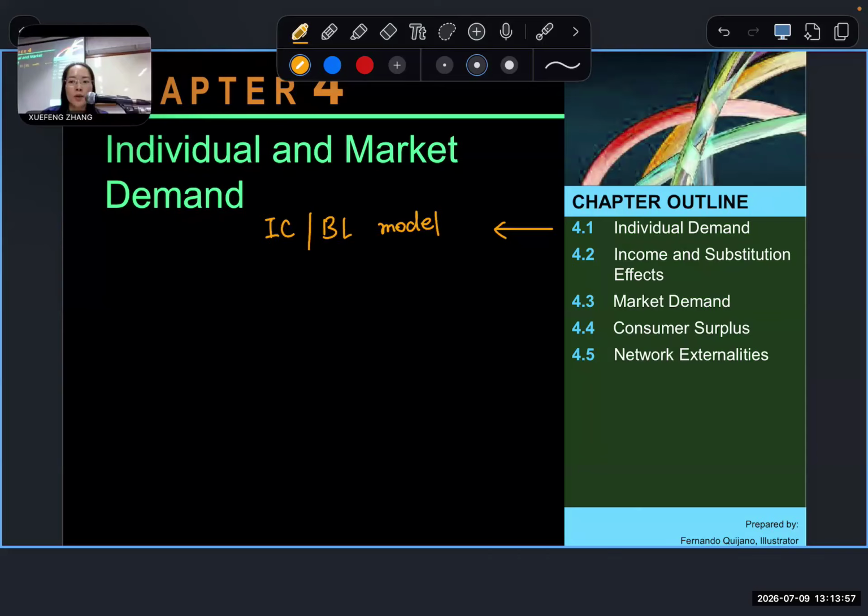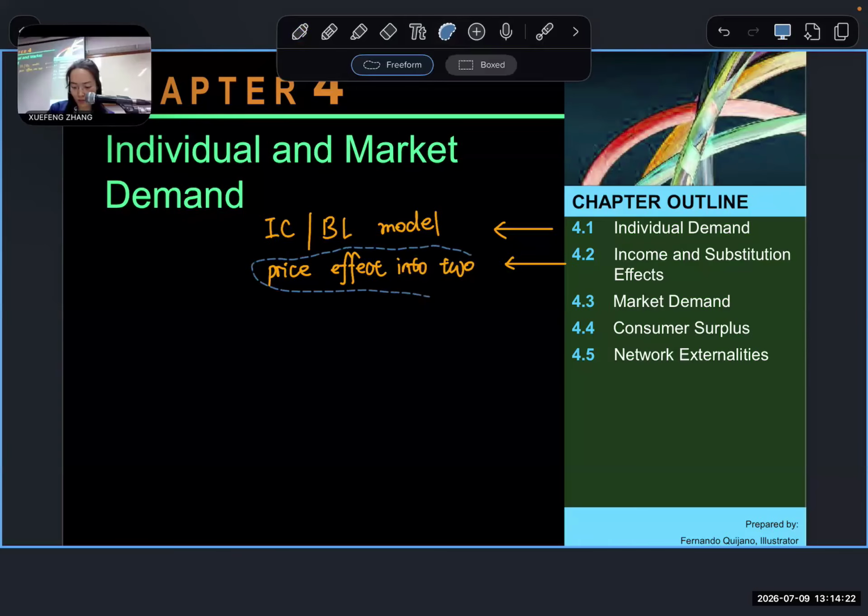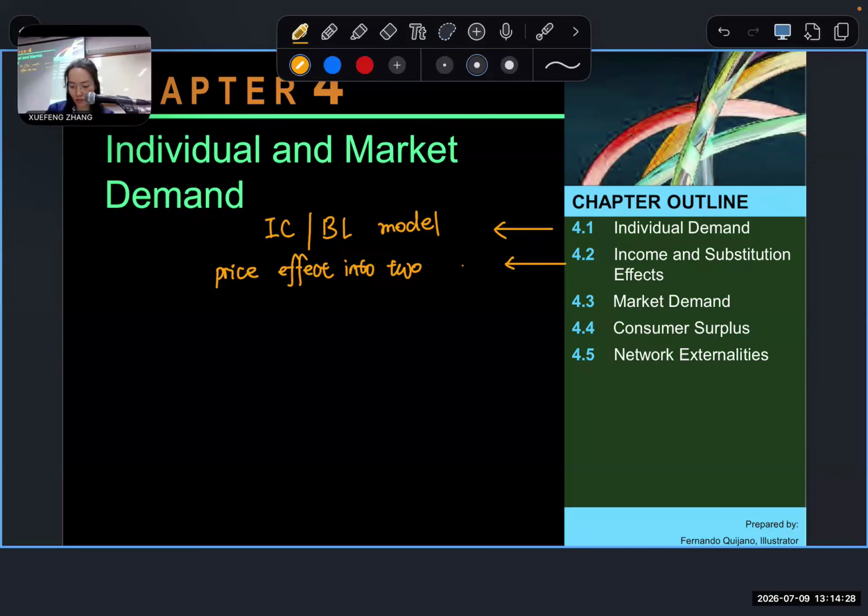And what we are building, we are trying to decompose the price effect into two forces.